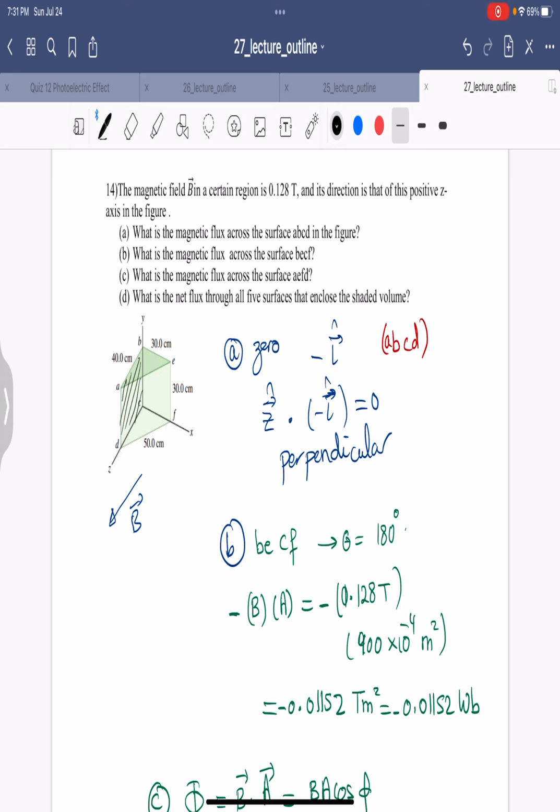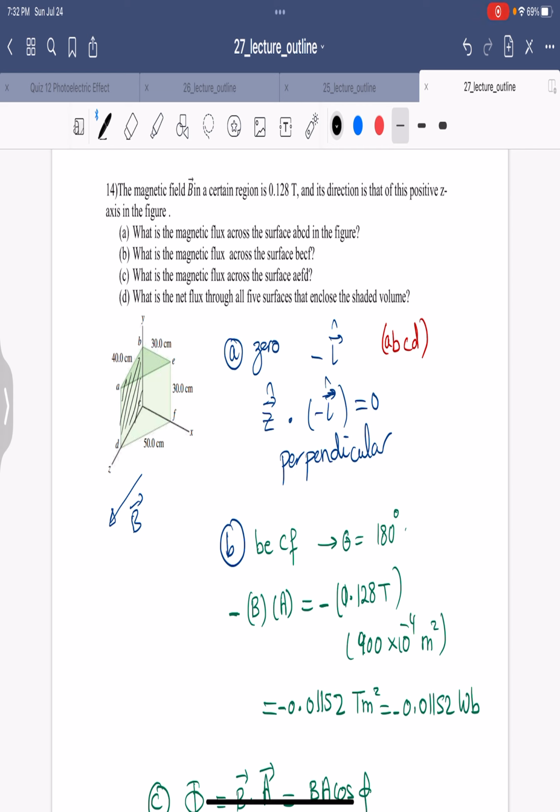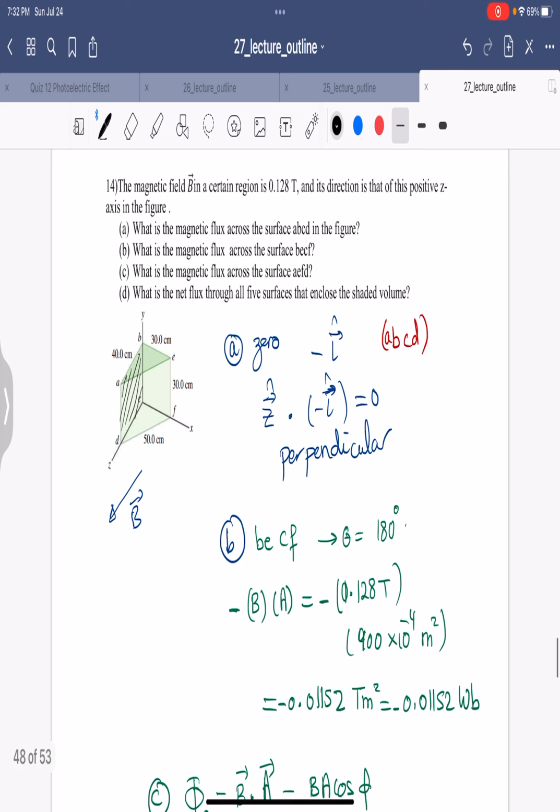This one is Z and that one is standing on it, so it's going to be negative i, and they are going to be perpendicular, and when they are perpendicular, the flux is going to be 0. The reason it is 0 when perpendicular is that the area vector is going out of the surface, and it is perpendicular to B.